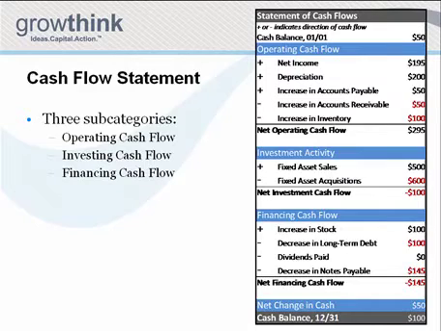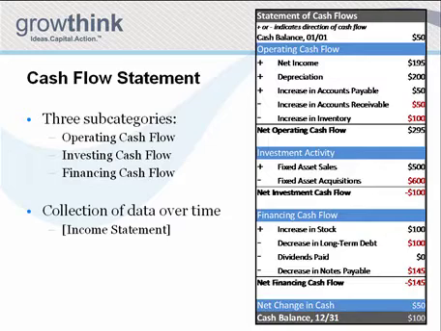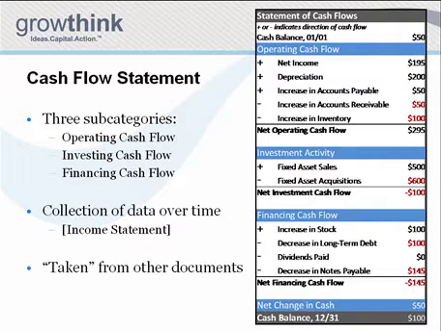There are three categories, as you can see: operating cash flow, investing cash flow, and financing cash flow. A lot of this information is going to flow from the other statements, particularly your income statement, and some of the information is going to flow from your balance sheet. Let me give you an example here.